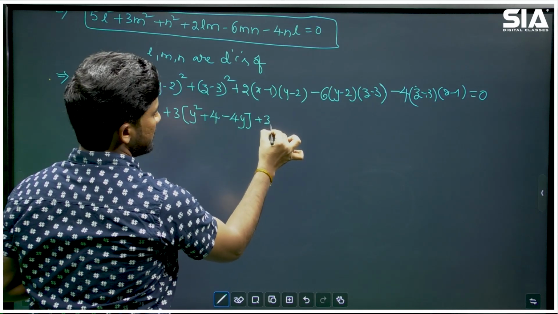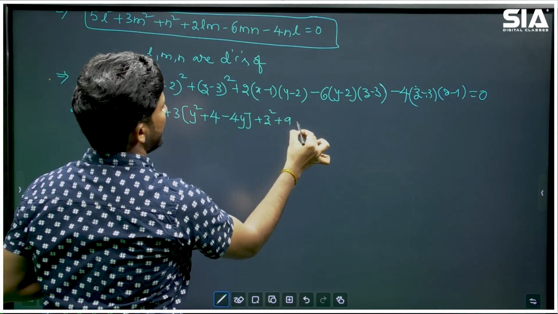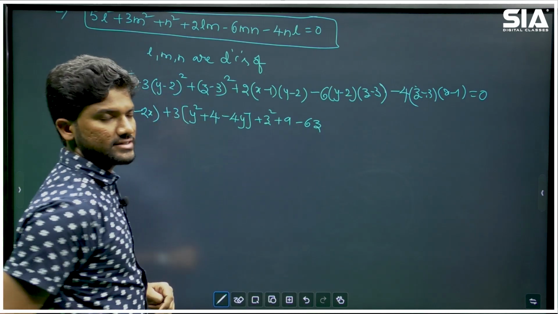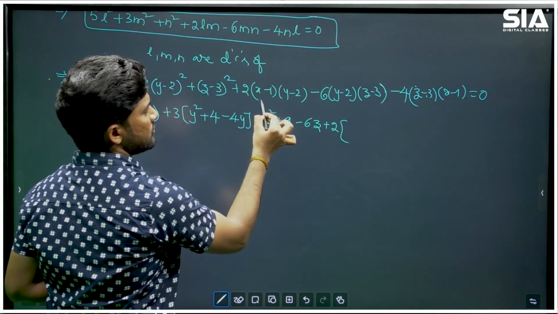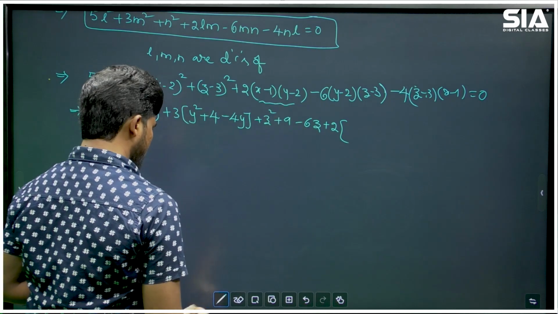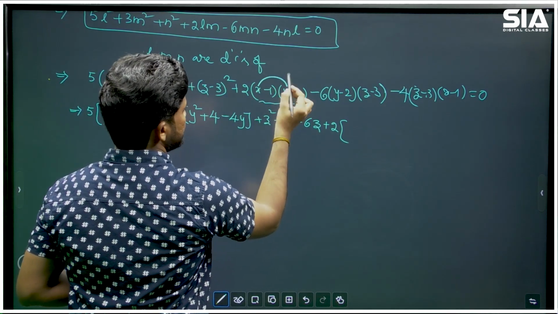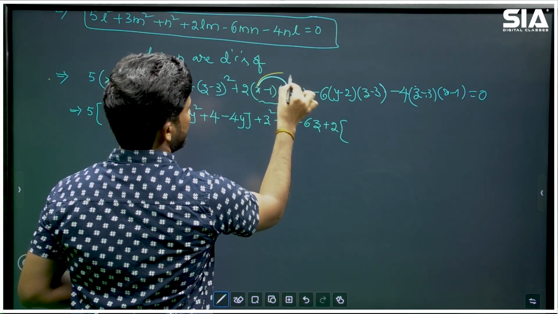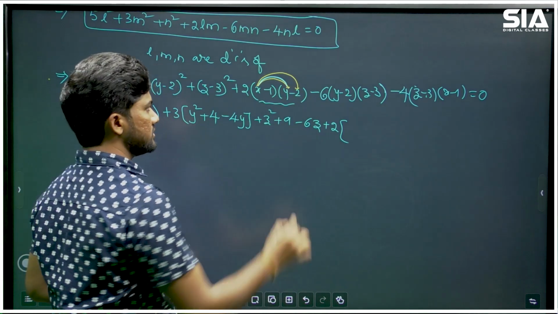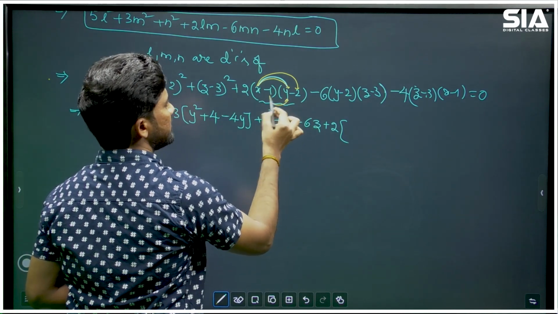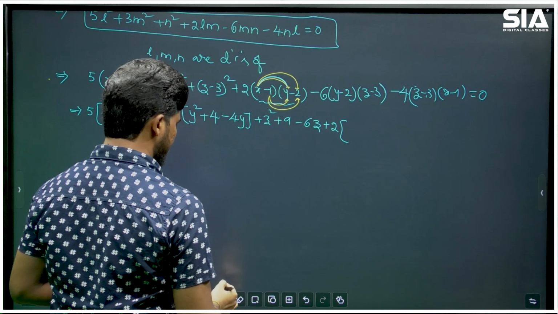After this, apply the a minus b whole square formula for this term: z square plus 3 square means 9 minus 6z, now plus 2 into multiply these two factors. If you multiply them, multiply x with y and x with 2, and multiply minus 1 with y and minus 1 with 2.